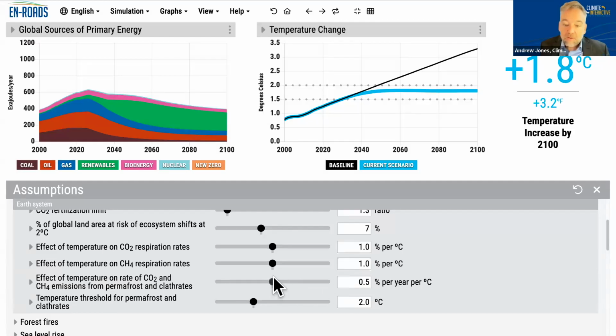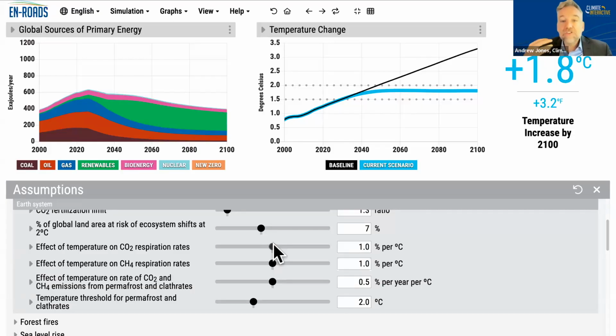And here, the good news is that some of these slightly change. I don't know if you can see a tiny wiggle as I change some of the assumptions around. Do you see that? So this is one assumption of like the effect of temperature on CO2 respiration. And if it's high or low, could possibly change the temperature in this scenario a little bit. The important thing in the sensitivity test is that it's not making a 0.2 of a degree change or a 0.3 of a degree change.